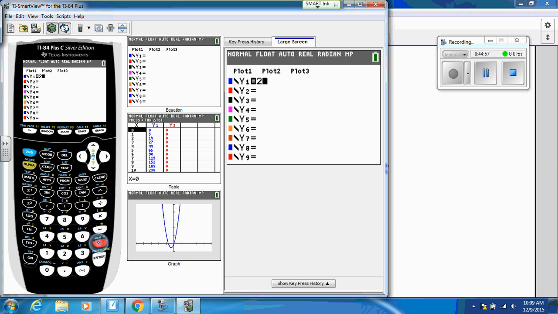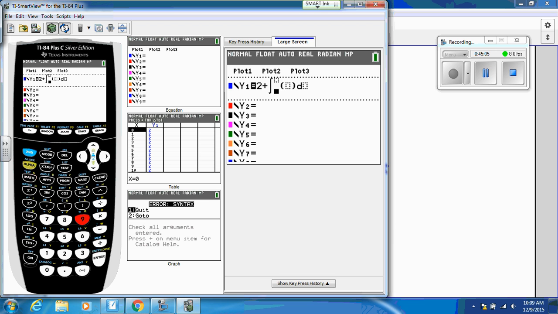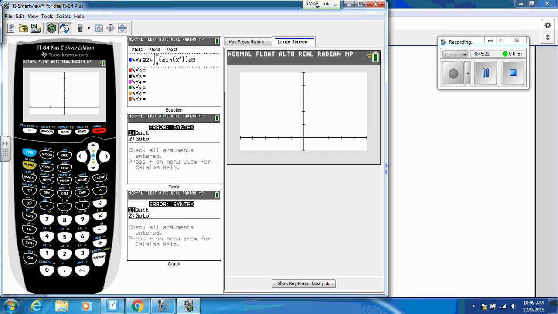So we're going to let y1 equal 2 plus. And now here we're going to go to the integral under math. Math function number 9, right there. We're going to integrate from 0 to x of sine x squared dx, and graph that bad boy.